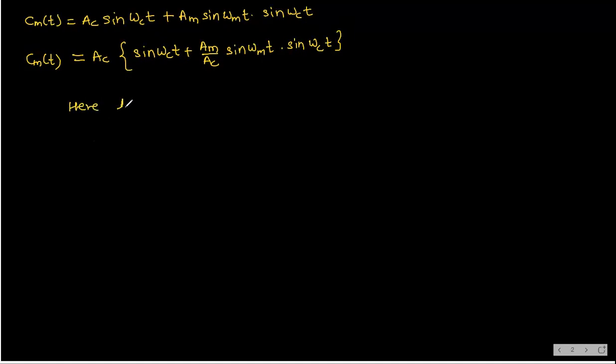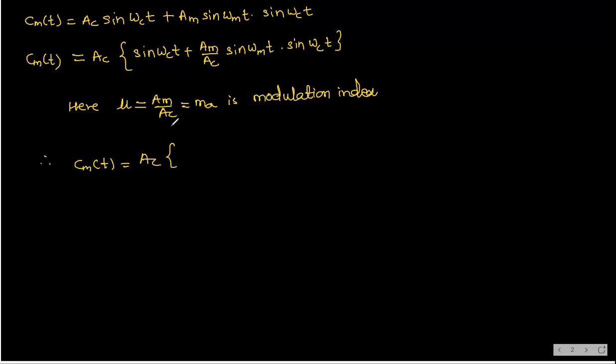Here mu is equal to AM by AC, which is also denoted by ma, the modulation index, and therefore Cm of t is equal to AC into bracket, or even if you remove this bracket also, AC sine omega c t plus mu into AC, yes, no, because this mu and this AC, mu into AC, sine of omega m t into sine of omega c t. Clear?